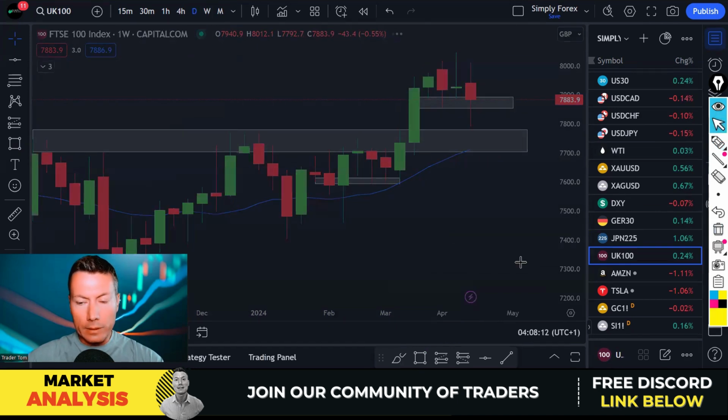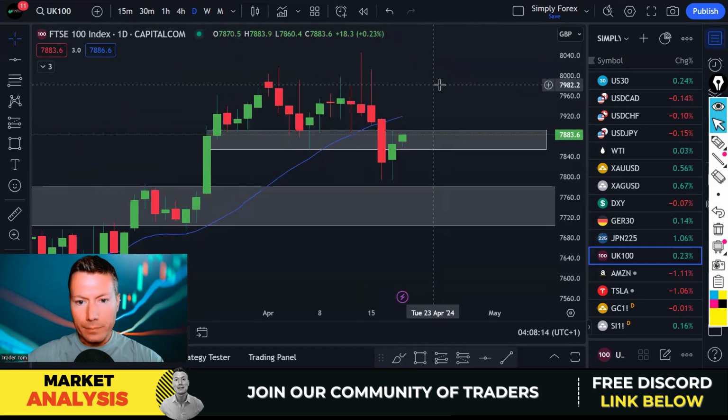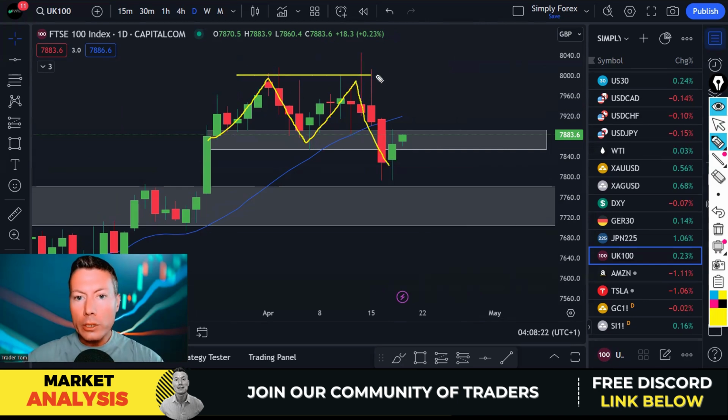If we drop down to the day chart, this has also clearly broken down structurally. Yeah, it's a big clue when we stop making higher highs. If we're in an uptrend and we stop making higher highs, that is a big red flag that trend is slowing down, but also trend is potentially reversing.